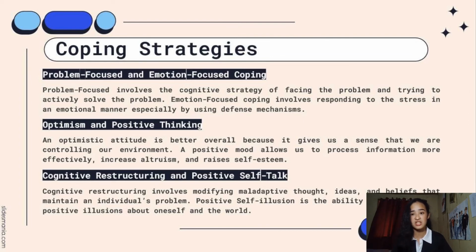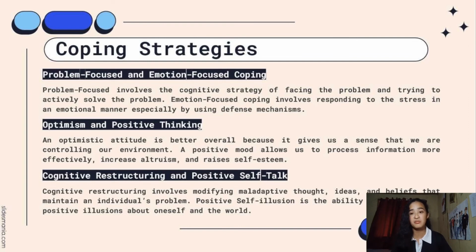The next strategy is cognitive restructuring and positive self-talk. Cognitive restructuring involves modifying maladaptive thoughts, ideas, and beliefs that maintain an individual's problem. Negative self-talk can become self-fulfilling and can destroy self-confidence, while positive self-illusion is the ability to maintain some positive illusions about oneself and the world.